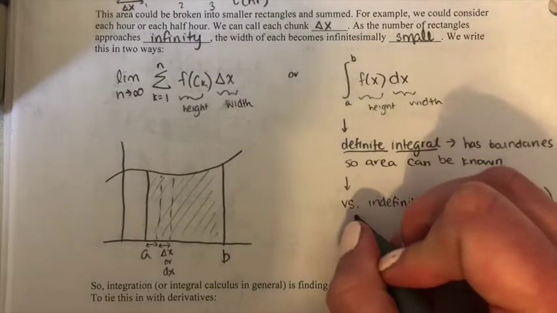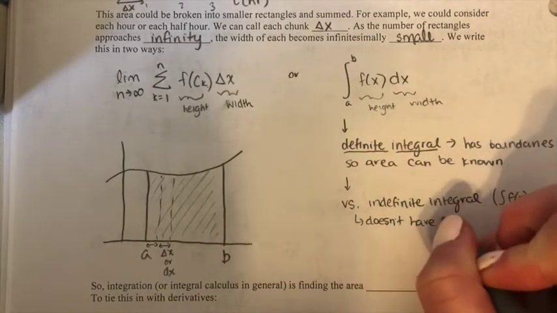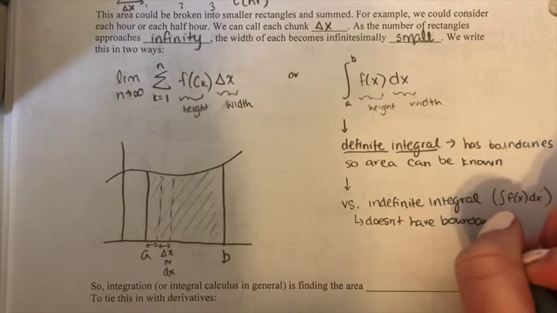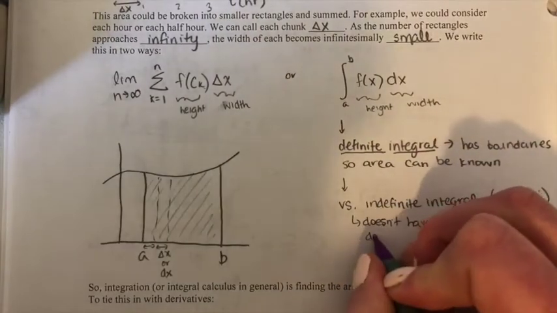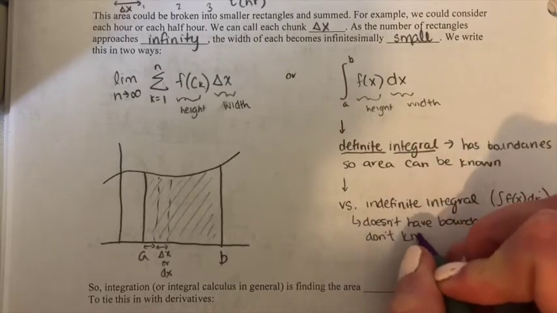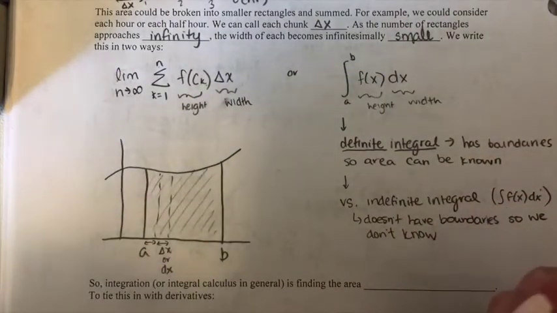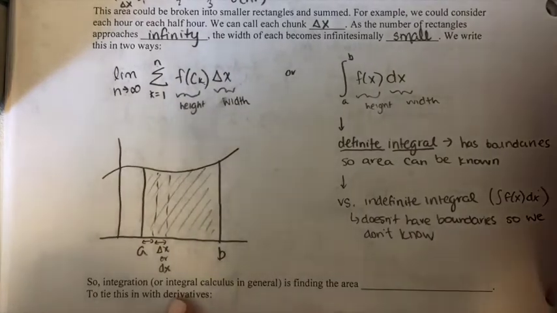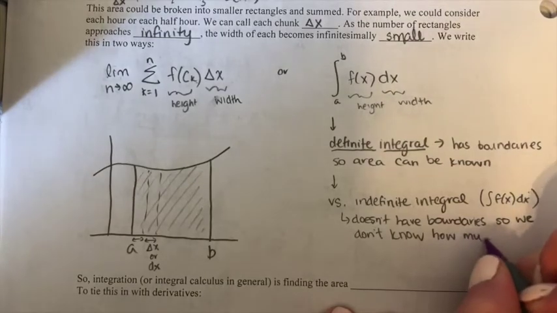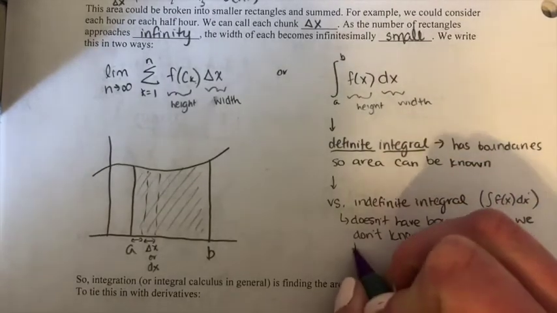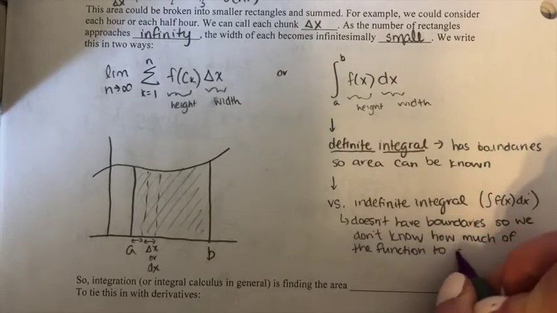So this one doesn't have boundaries, so we don't know how much of the function to consider, right? So we don't know if we're adding up all of the area forever, or just a specific chunk.